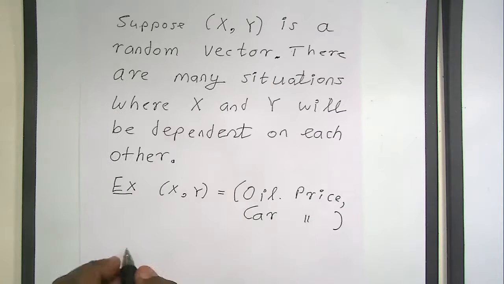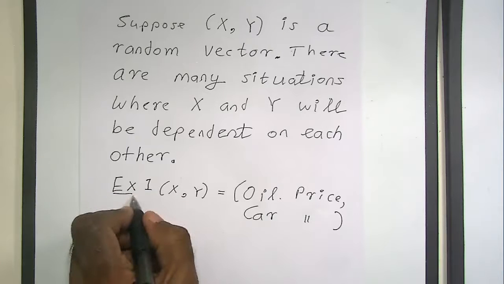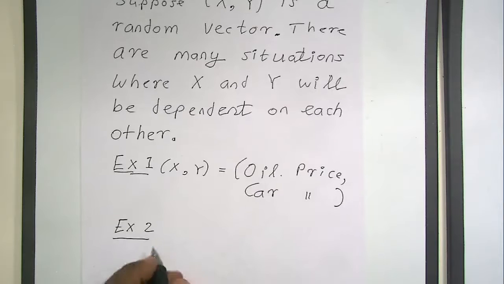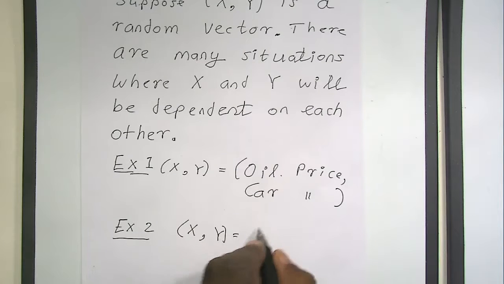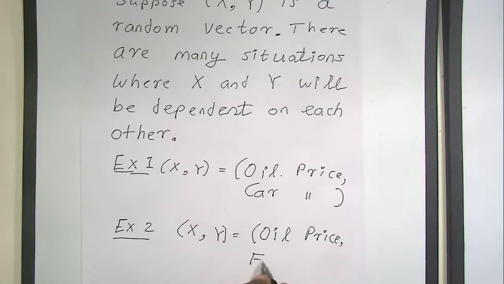Example 2 could be where x comma y is oil price and food price.